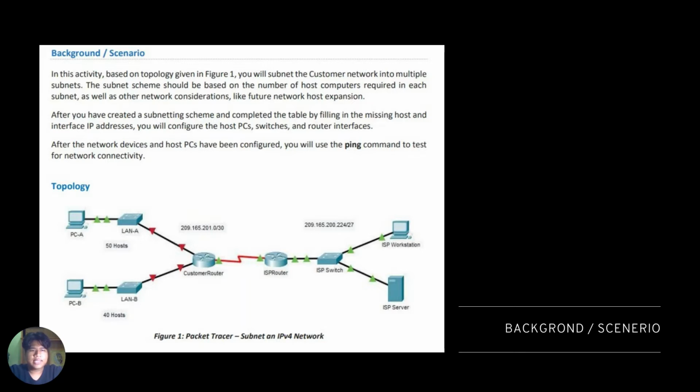After you have created a subnetting scheme and completed the table by filling in the missing host and interface IP addresses, you will configure the host PCs, switches, and router interfaces. After the network devices and host PCs have been configured, you will use the ping command to test for network connectivity. So here is Figure 1, the topology for the Packet Tracer subnet on the IPv4 network.